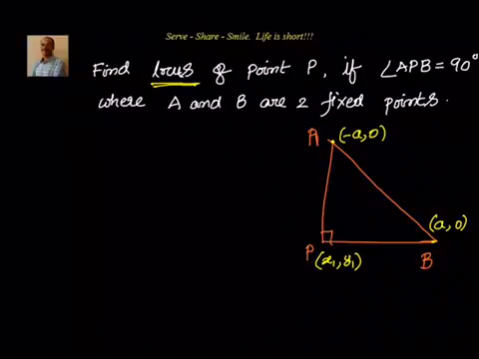Then what do we know by Pythagoras theorem? We know that PA square plus PB square is equal to AB square. Now we know the distance between 2 points formula, so we can easily do that.